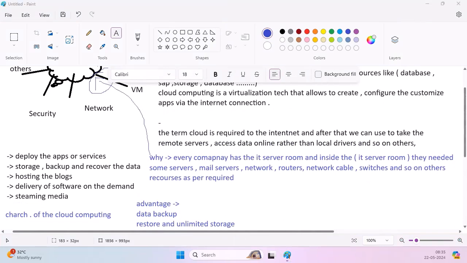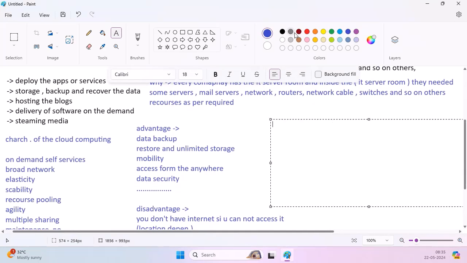Let's talk about a brief history of how the idea of cloud computing came about. In 1961, the idea of cloud computing meant the idea of computers as a utility.